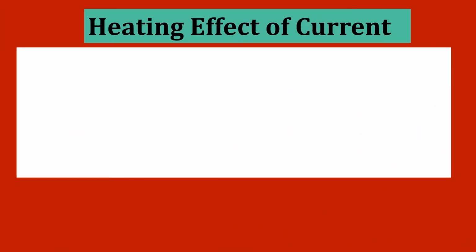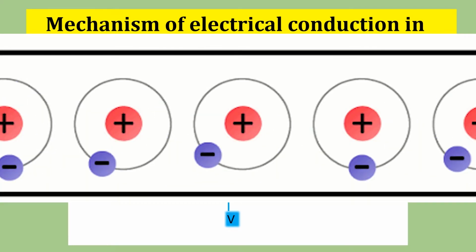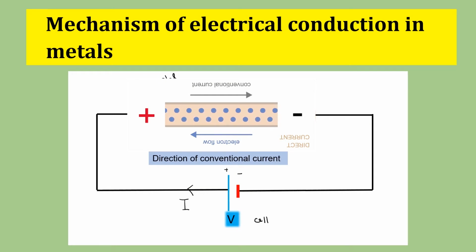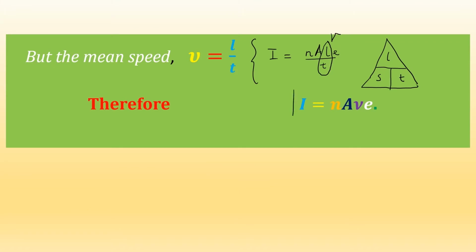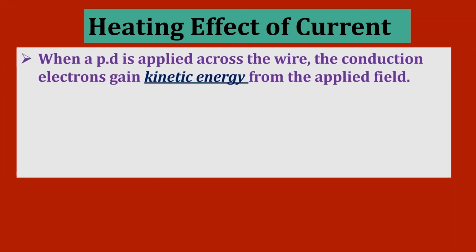In our previous lesson, we discussed the mechanism of electrical conduction, and the average drift velocity of the conduction electrons plus the heating effect of current, where we said that when a PD is applied across the wire, the conduction electrons usually gain kinetic energy from the applied PD, because it is this applied PD that accelerates these electrons across the conductor.